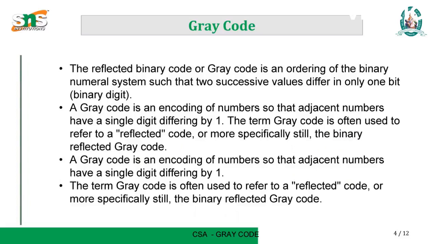Okay, so we'll see gray code. Gray code is a non-weighted code, also called a reflected binary code. It is an ordering of the binary numeral system such that two successive values differ in only one bit, that is, one binary digit. So a gray code is an encoding of numbers so that adjacent numbers have a single digit differing by 1.